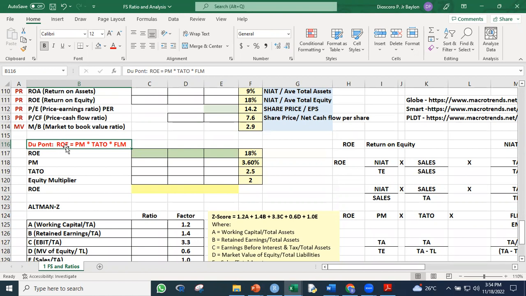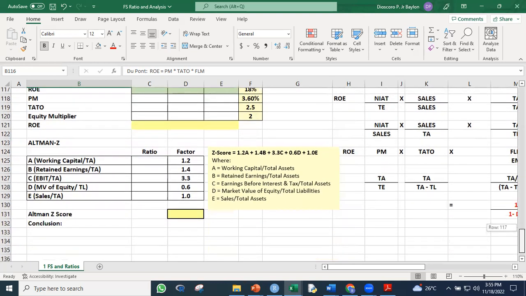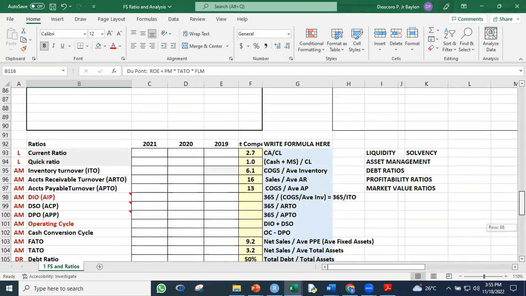Yung return on equity. The concept here is that if ROE is a good indicator of the company's performance, then we have to break down the composition of ROE. So andito si profit margin, andito si total asset turnover, andito si financial leverage multiplier. We'll discuss this towards the end, and then after this we'll have the quiz.